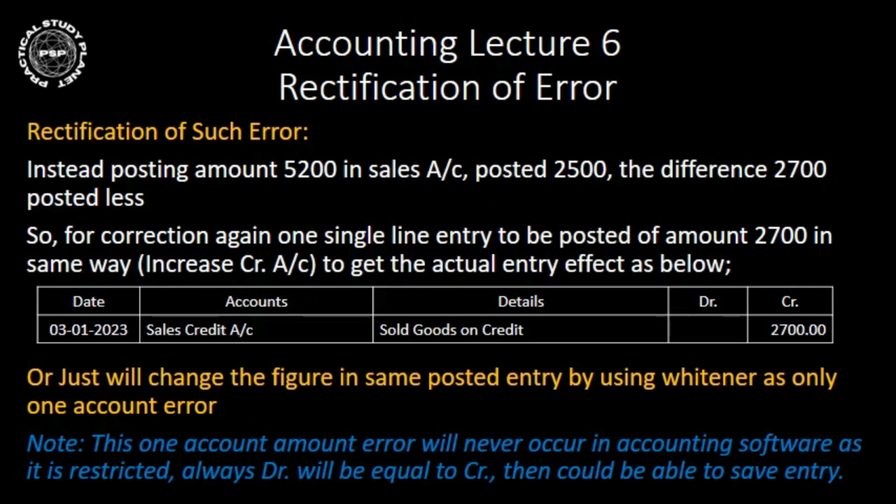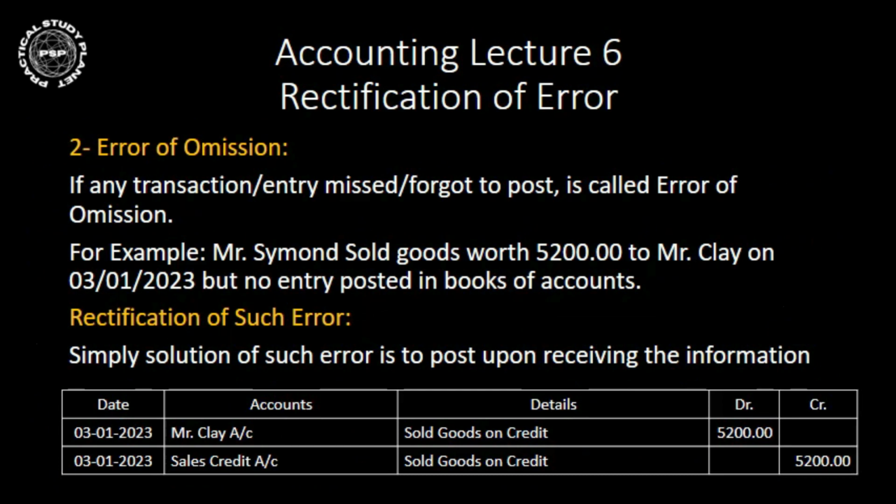So the correction will be in the sales account: we will credit 2,700 more, which was missing, that is, less posted. So it is possible only in manual books of account, while in accounting software it will not happen because the debit and credit amounts will always be equal, otherwise we cannot save the entries posted.